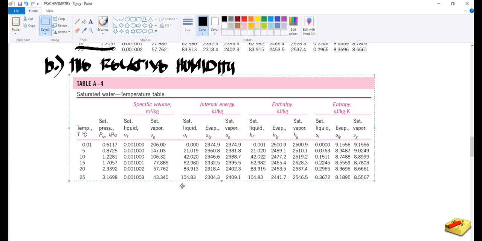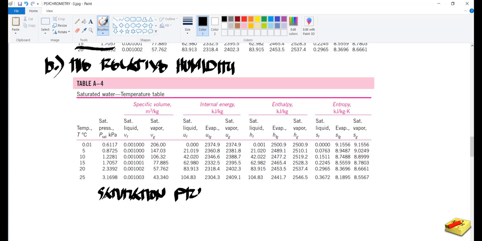So relative humidity, so what we need is the saturation pressure. We need to determine the saturation pressure of water vapor at 21 degrees Celsius, since that is given to the problem.